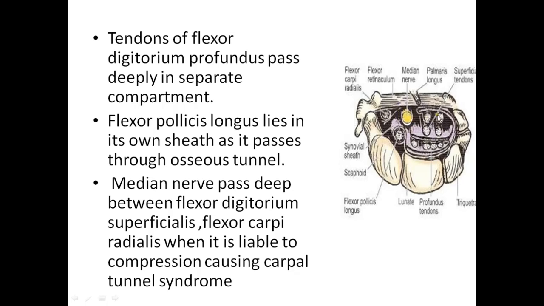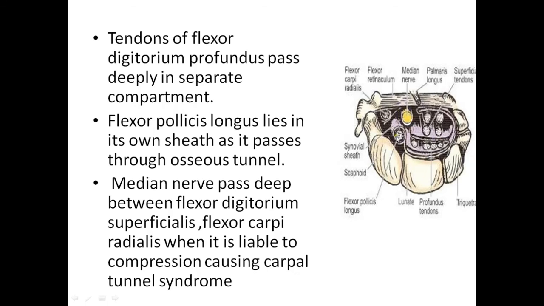They arrange themselves into two groups, and the tunnel septa divide this tunnel into a superficial part and a deep part, and the deeper part contains the tendons of the flexor digitorum profundus. The median nerve lies between the flexor digitorum superficialis and the tendon of the flexor carpi radialis.